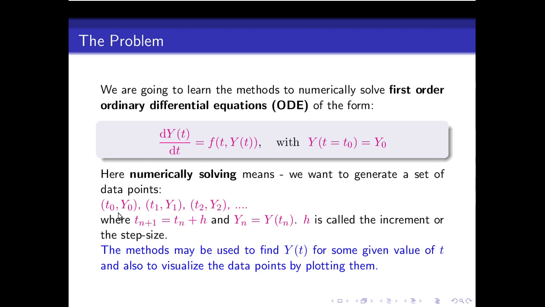So what do we want? We want to generate a set of data points like this. This t0 and y0, this data point is already given.